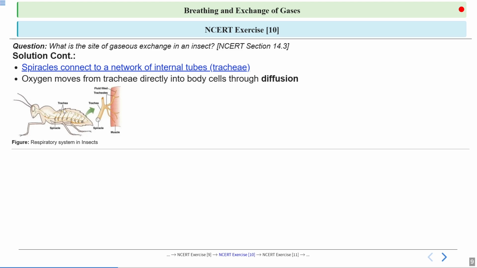In this way, this trachea becomes the site of gaseous exchange. The question was: what is the site of gaseous exchange? Throughout its body there is a network of tracheal tubes, and that is the site of exchange.